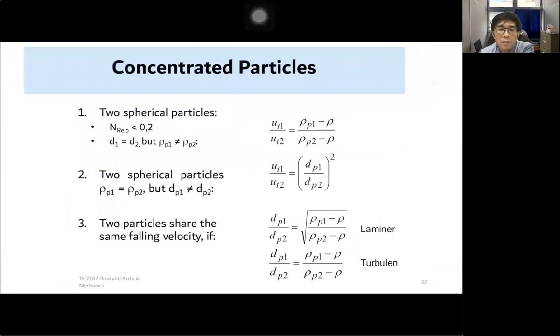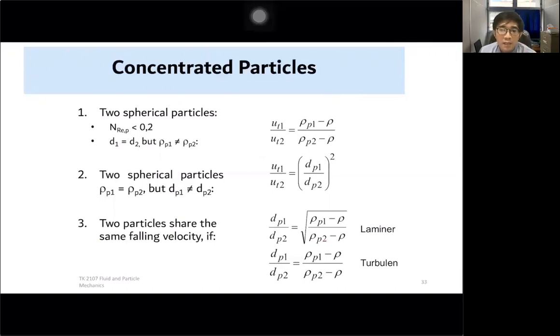That's why we can derive simple equations only for special cases. For example, if you have just two particles, for this lecture we will just deal with some simple equations.